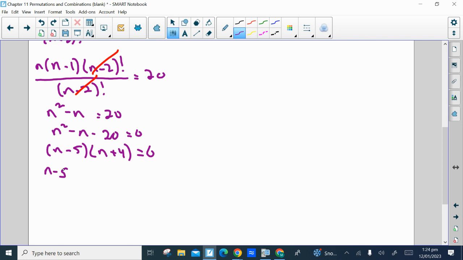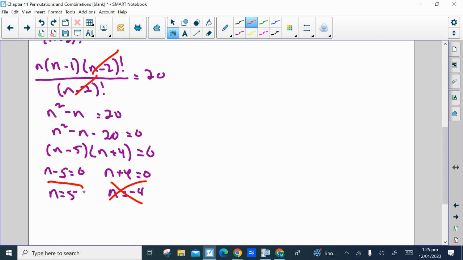So our solutions will come when each factor equals 0, which will give us two answers. But remember that n refers to the number of items you're choosing from. It cannot be negative. That's an extraneous answer.